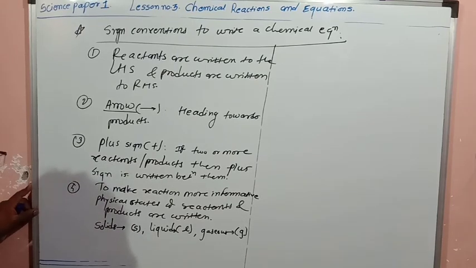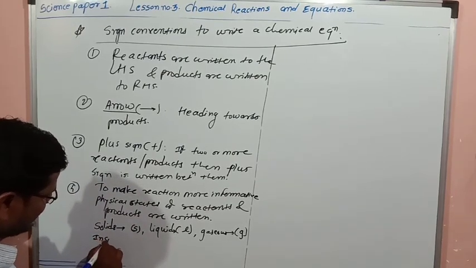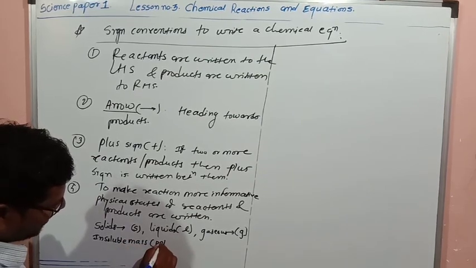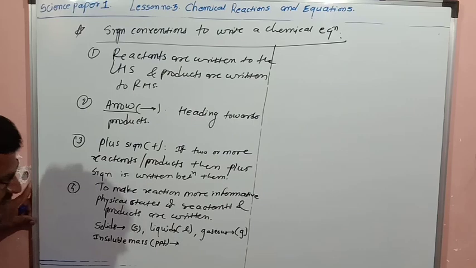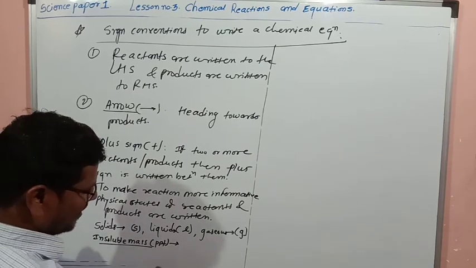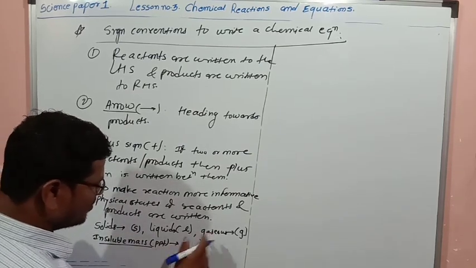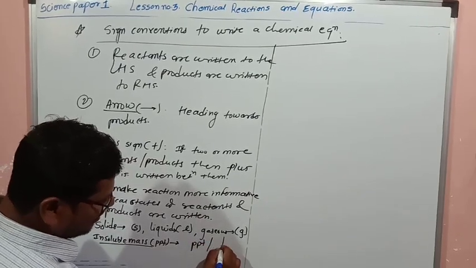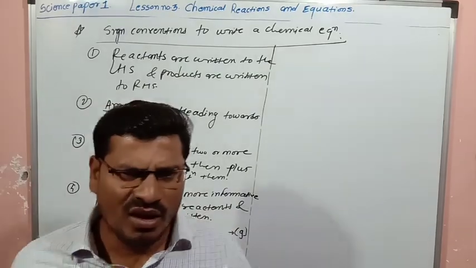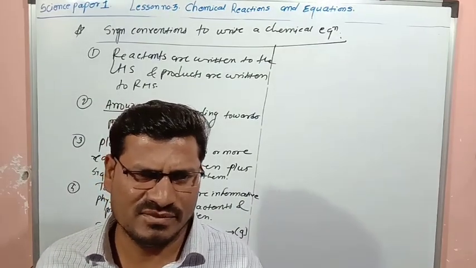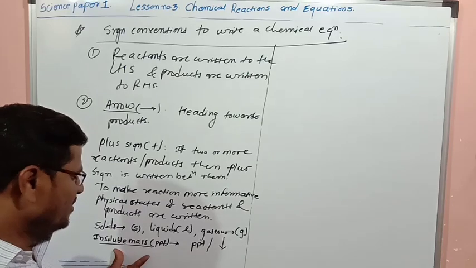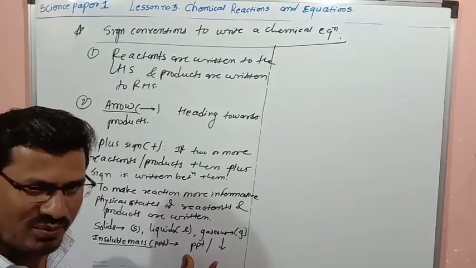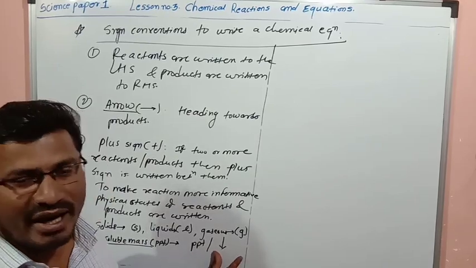Suppose it forms an insoluble mass, or you can also say precipitate (PPT). Instead of solid, you write PPT or a downward arrow below that product.